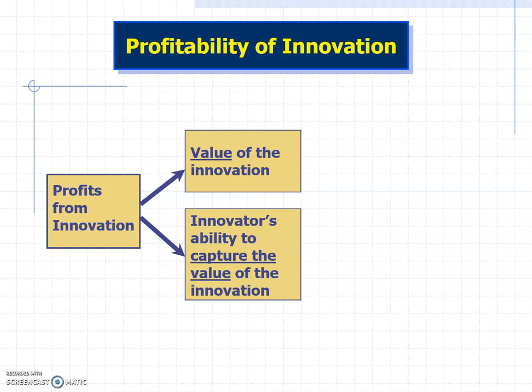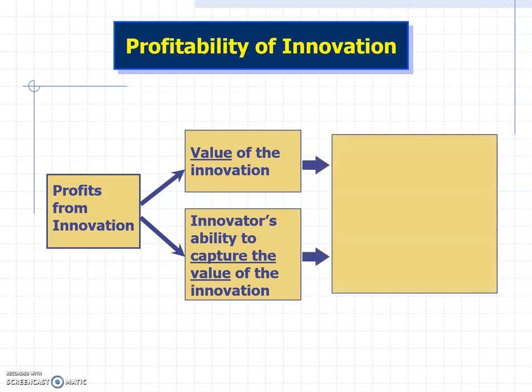And this ability to capture the value of the innovation depends on four characteristics. I'll tell you what this is called after, but let me just list them and then we'll go through each of these. First is the legal protection. Probably in your mind you're already thinking you know what this means, the legal protection of the innovation, something like a patent.